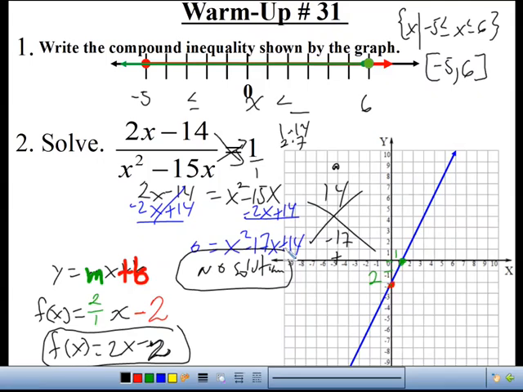If we were able to factor it, we would write our two factors, set them equal to 0, and solve. Since it has no solution, for right now, I'm not going to identify the excluded values. We'll just leave it as is.